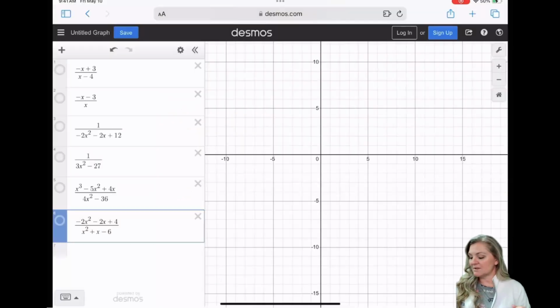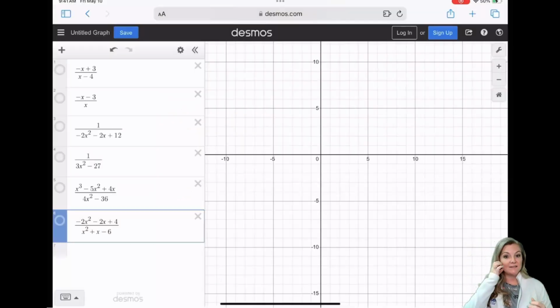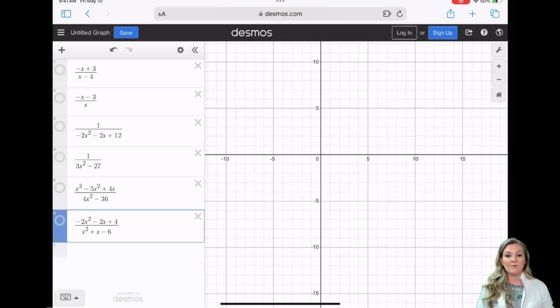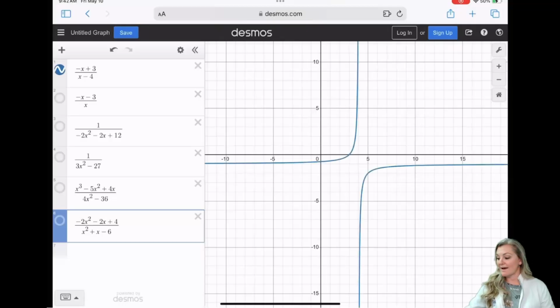Now I'm going to show you what these graphs look like in Desmos so you can see what these asymptotes are doing, and see that while these look different than the A, H, and K equations, graphically, for the most part, they're going to look the same. This first one has that vertical asymptote at 4, which we found.